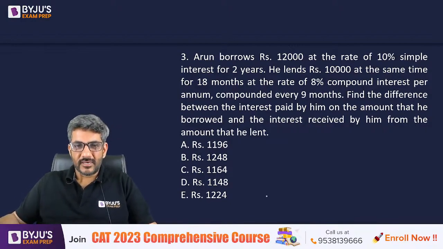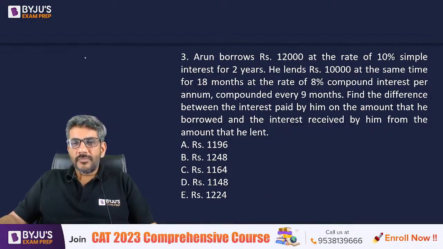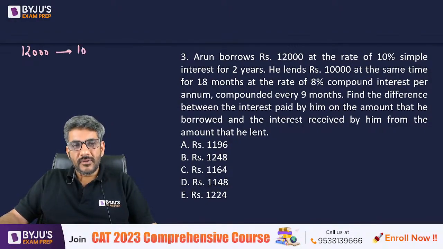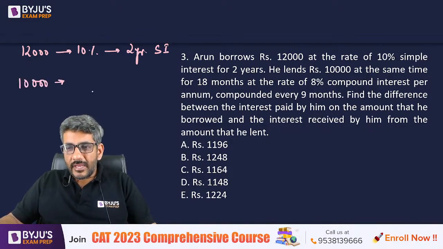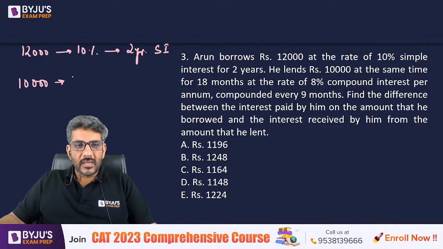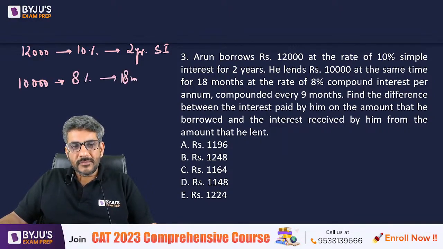Let's start doing it. चलिए करते हैं. Arun borrows 12,000 rupees at the rate of 10% per annum using simple interest for 2 years. So for 2 years, it is simple interest. He lends 10,000 rupees for the same time period at 8% compound interest per annum for 18 months, and it is compounded every 9 months.